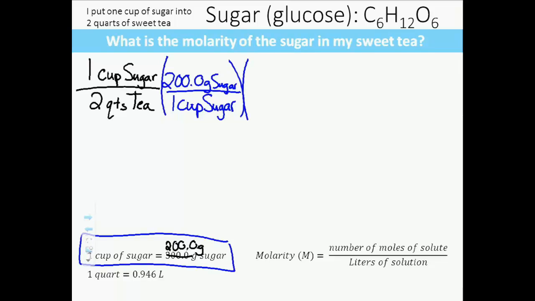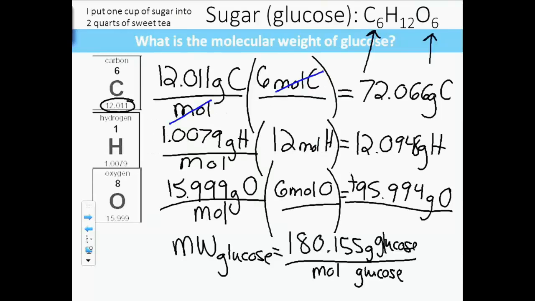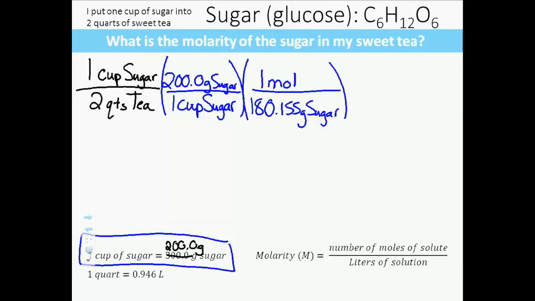Then we can go to our molecular weight because we've gotten into grams, and as soon as you get into grams, you can go to moles. So if we look back on our previous page, 180.155 grams of sugar for every, excuse me, 1 mole of sugar.